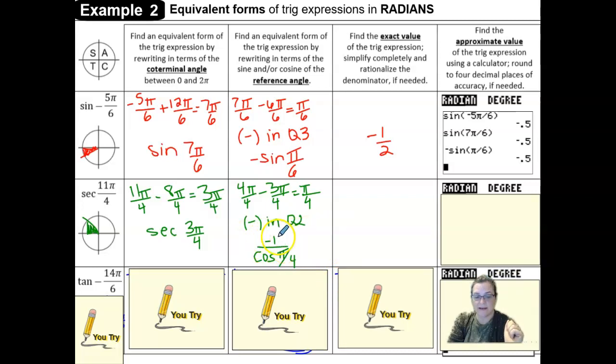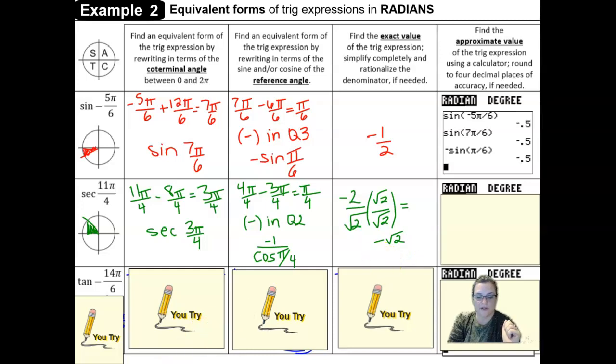Since it's the negative reciprocal of square root of 2 over 2, we're going to have our negative, and then we'll flip the square root of 2 over 2 into 2 over square root of 2, and then we need to rationalize that denominator and simplify to get negative square root of 2 when the 2's cancel.